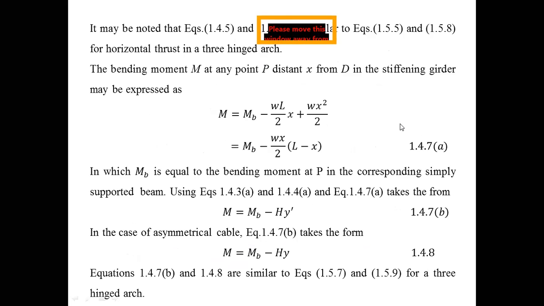What are the equations? Bending moment equations: MB minus Wx by 2 into L minus x.